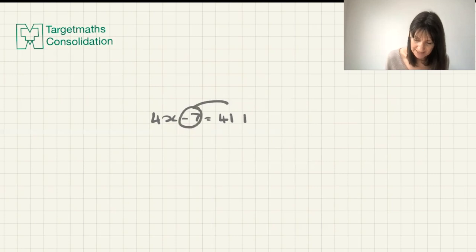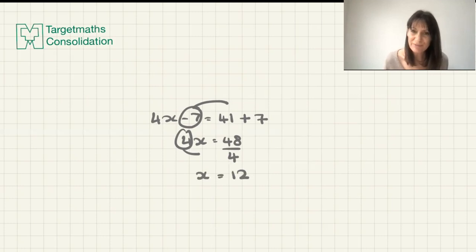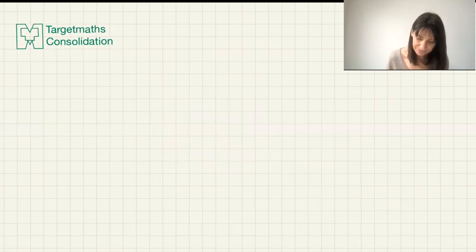It's got to land as plus. So I've got 4x equaling 48. Divide by 4 and x equals 12. So if you've got x equals 12, again, really, really well done.